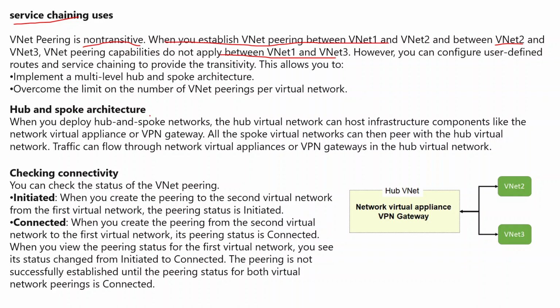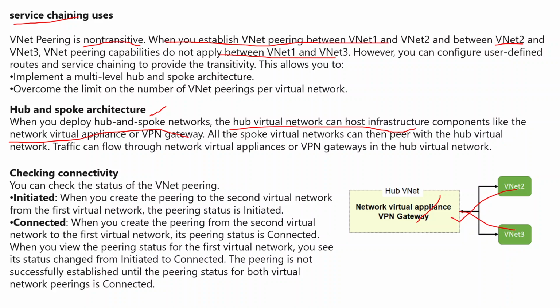For this, you can overcome it with the help of hub and spoke architecture. The hub virtual network can host infrastructure components like network virtual appliances and VPN gateway. So we can establish a VPN gateway in one hub VNet, and add VNet 2 and VNet 3 as spokes for that. Hub and spoke is nothing but a cycle wheel.